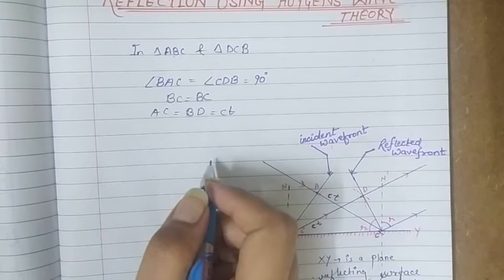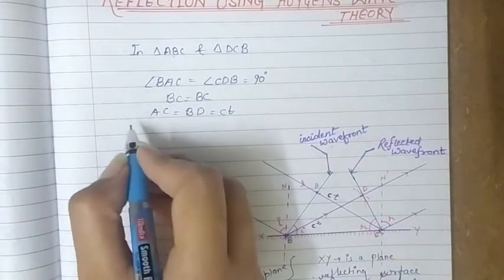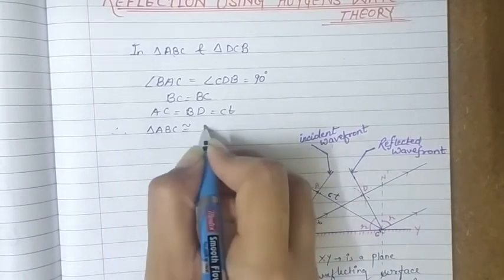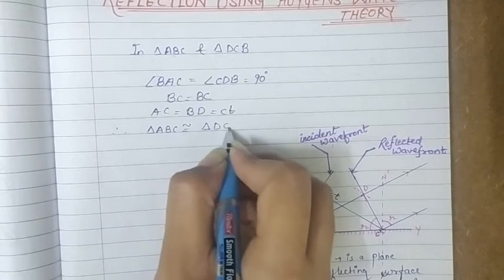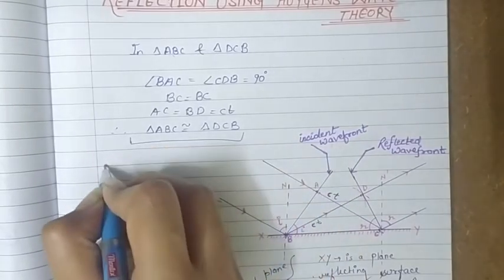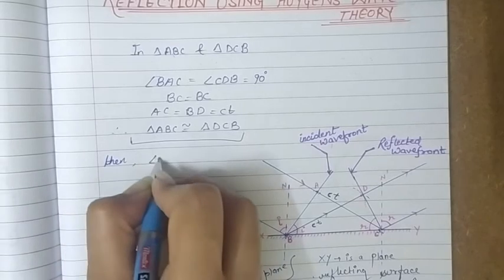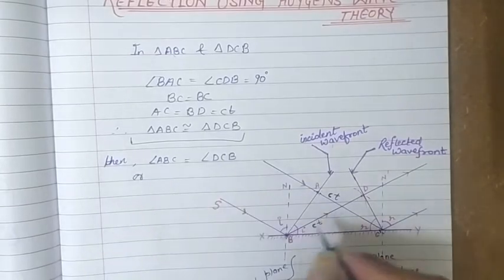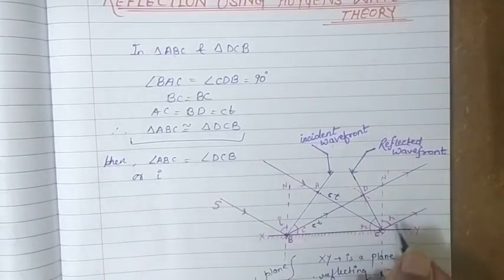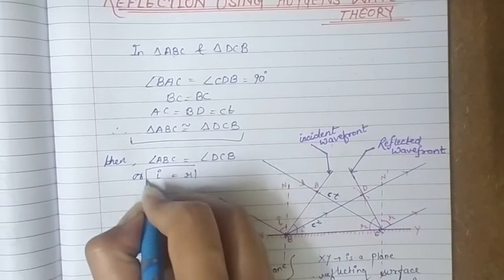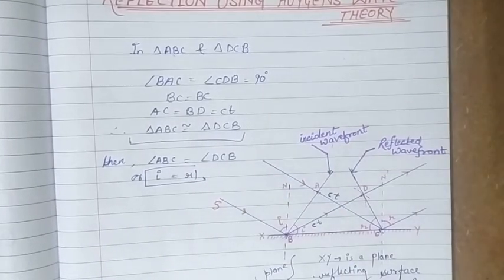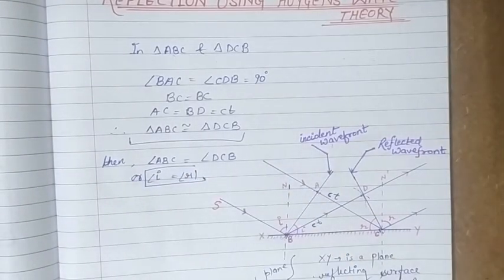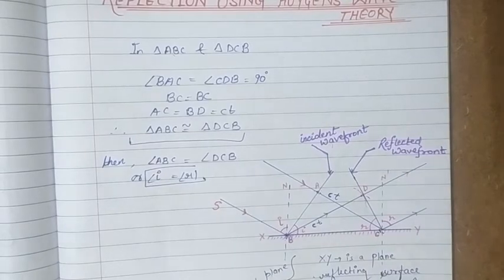So by applying congruency, triangle ABC is congruent to triangle DCB, and then angle ABC is equal to angle DCB, where angle ABC is i and angle DCB is r. So that means i is equal to r. This is the law of reflection: the angle of incidence is equal to the angle of reflection, and this proves the law of reflection.